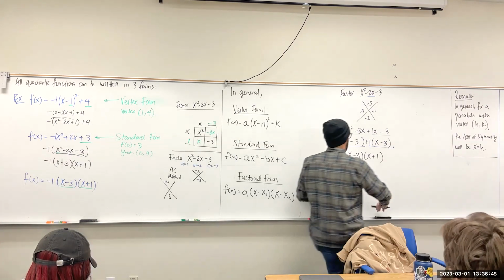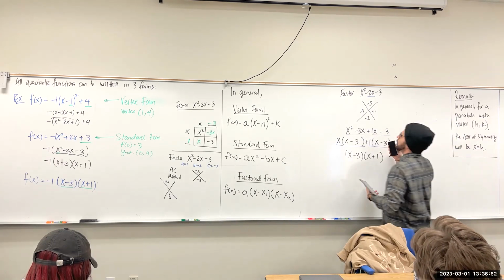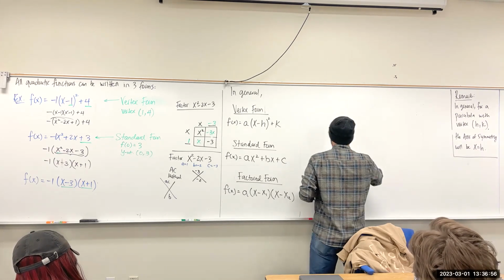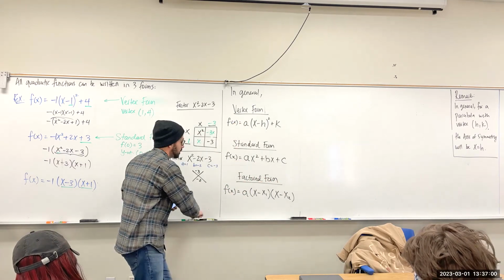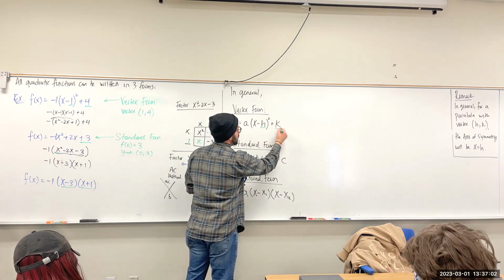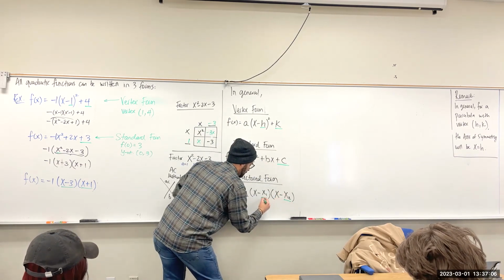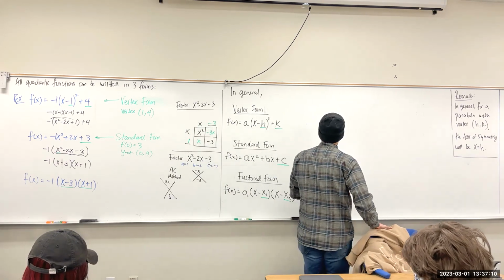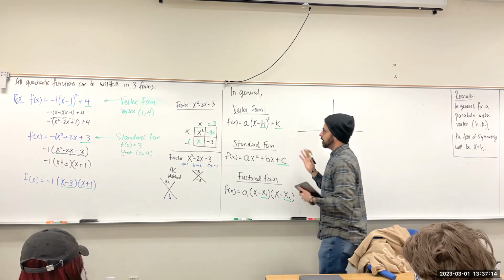Okay, so we'll do another one, and if it shows up, I can play around with the factoring method, okay? I'm going to erase it though. So for these 3 forms, again, these give you key pieces of information. Let's make up a parabola.